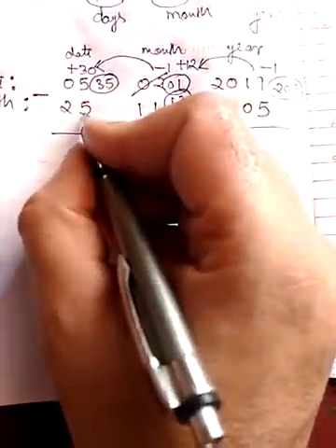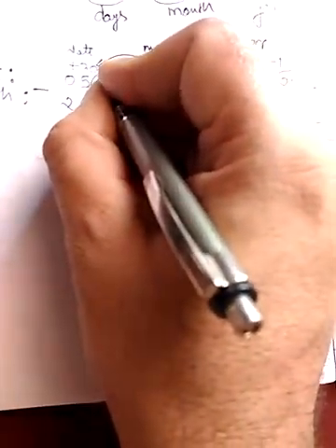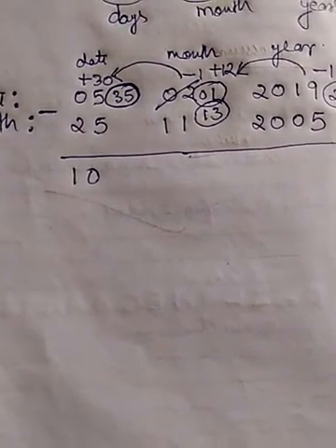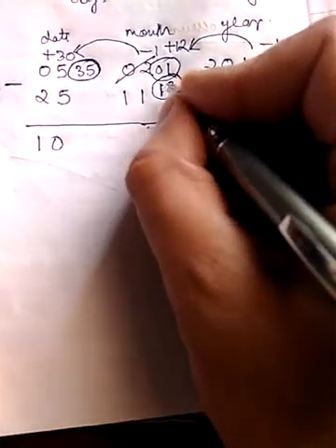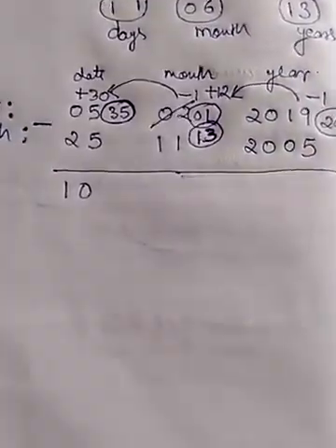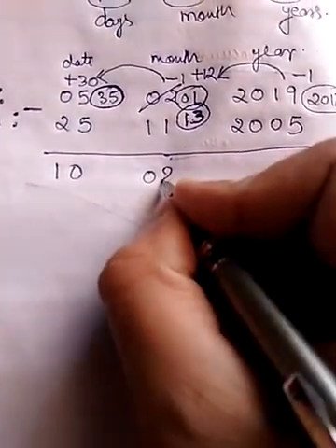Now this has become 35 minus 25. It is 10 because here it is 35. 35 minus 25, 10. Now here it is 13. 13 minus 11, it's 2.